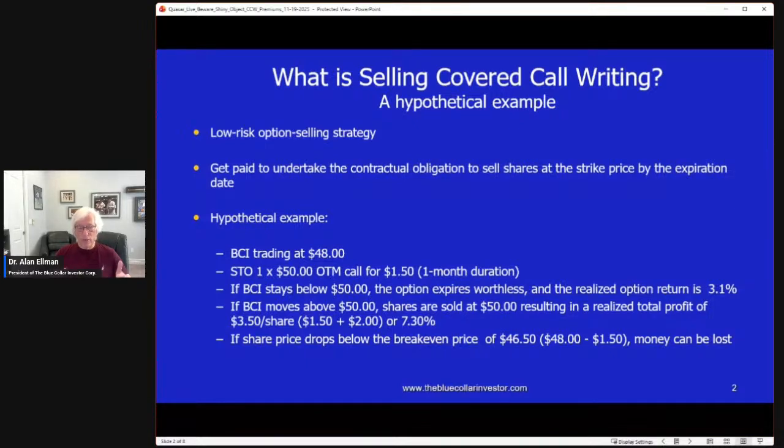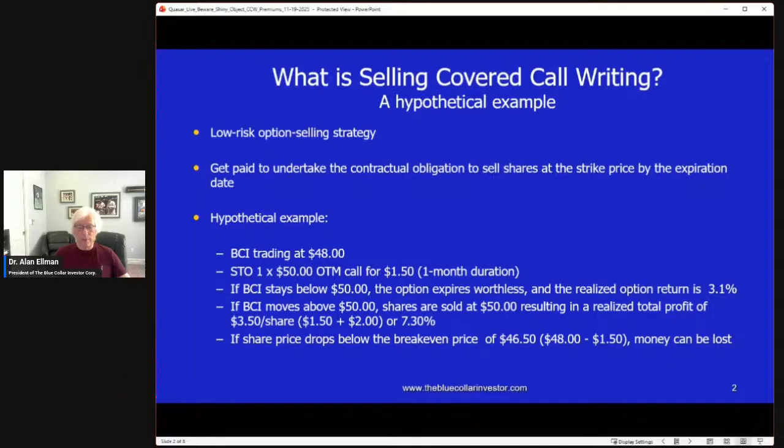But now we have the contractual obligation to sell our shares for $50, and let's say it's a 1 month expiration. So actually the option buyer is controlling our shares for that month. Now, if the price of the stock remains below the $50 agreed upon sales price, the option buyer isn't going to say, I got a great idea, let me exercise that option and buy Alan's shares for 50, even though they're trading at market at 48 or 46 or 49.99.